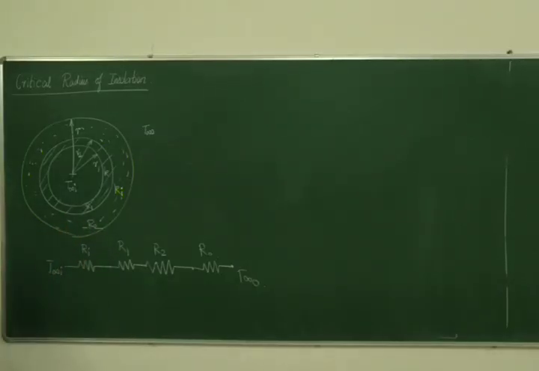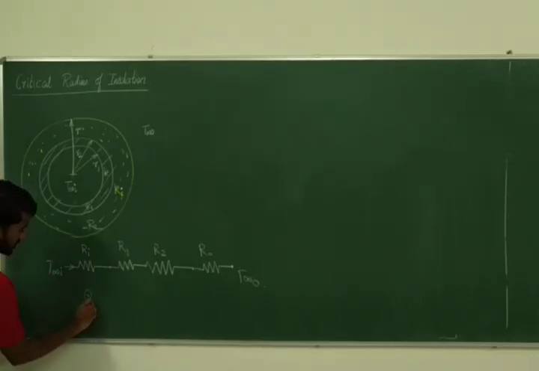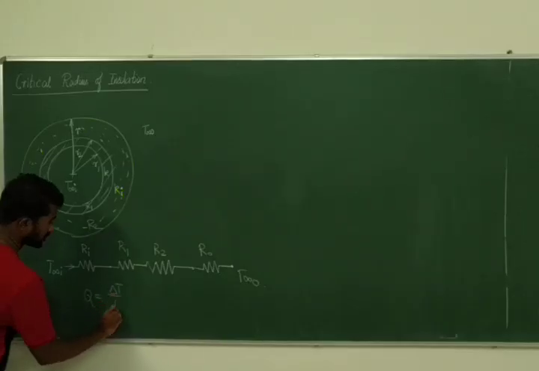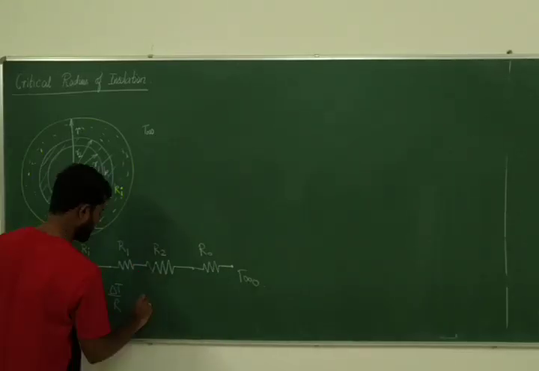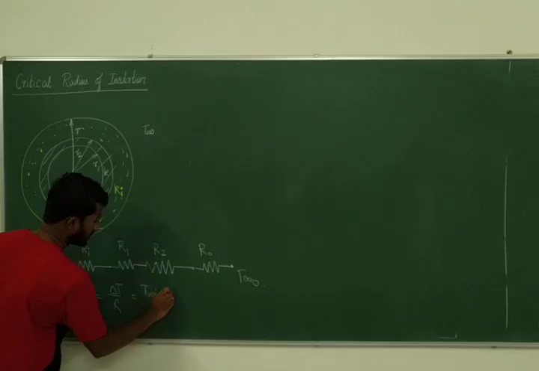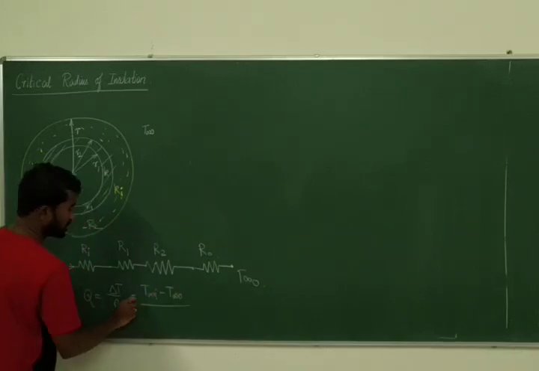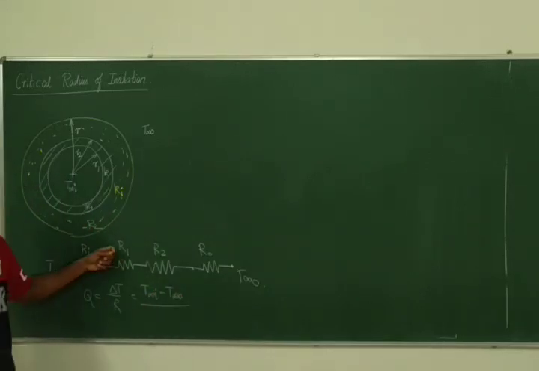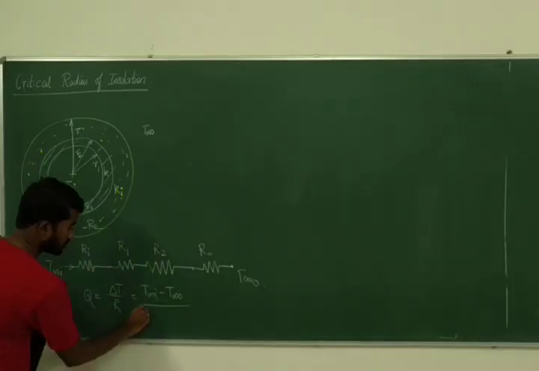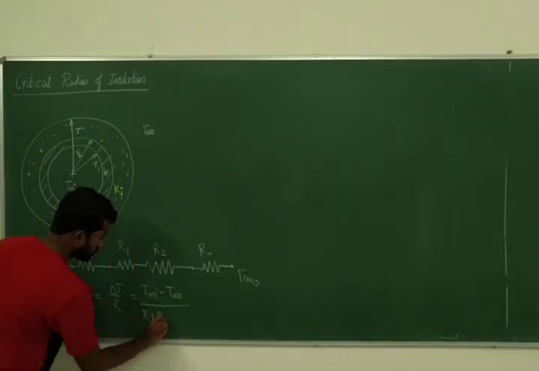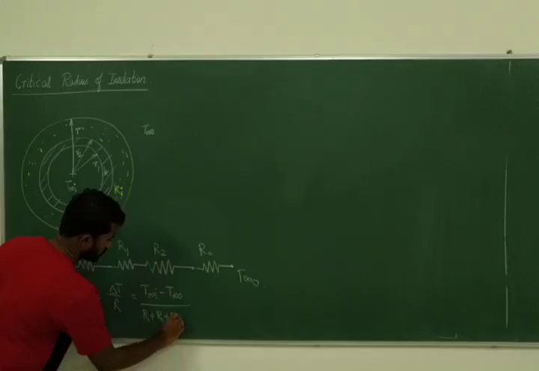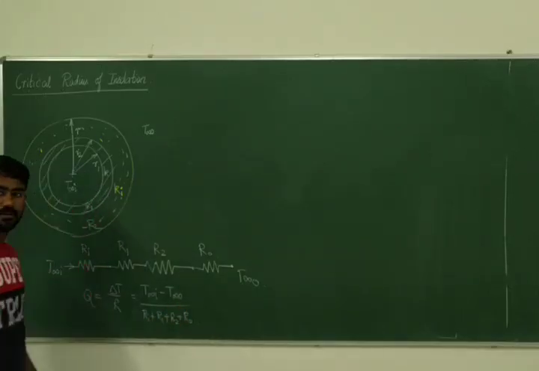Clear? Now you can write the heat transfer. The heat transfer is nothing but delta T by R. Now if I use this delta T, T infinity I minus T infinity O divided by Ri plus R1 plus R2 plus Ro. Right.